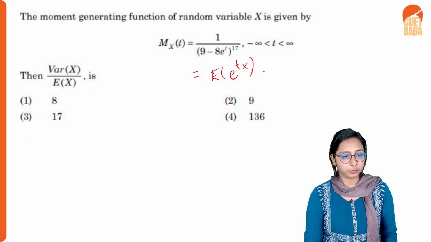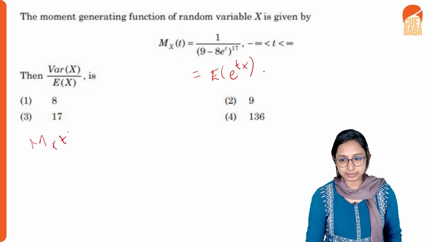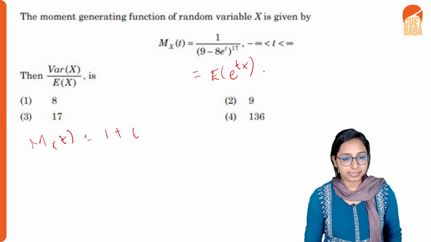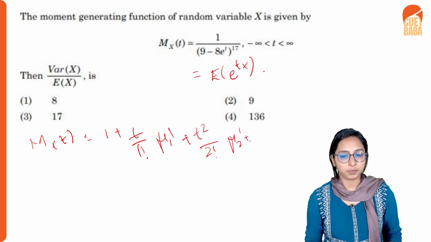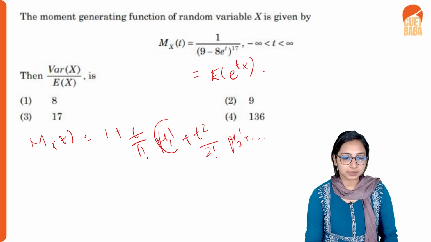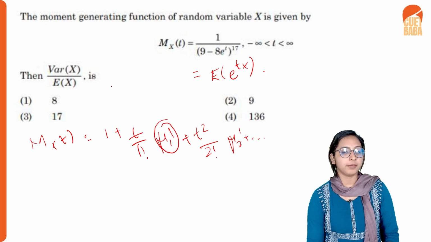We also have the equation that Mx of t is equal to 1 plus t by 1 factorial mu 1 dash plus t square by 2 factorial mu 2 dash plus etc. That is, mu 1 dash is nothing but expectation of x, and similarly the variance of x we can find from mu 1 dash and mu 2 dash.